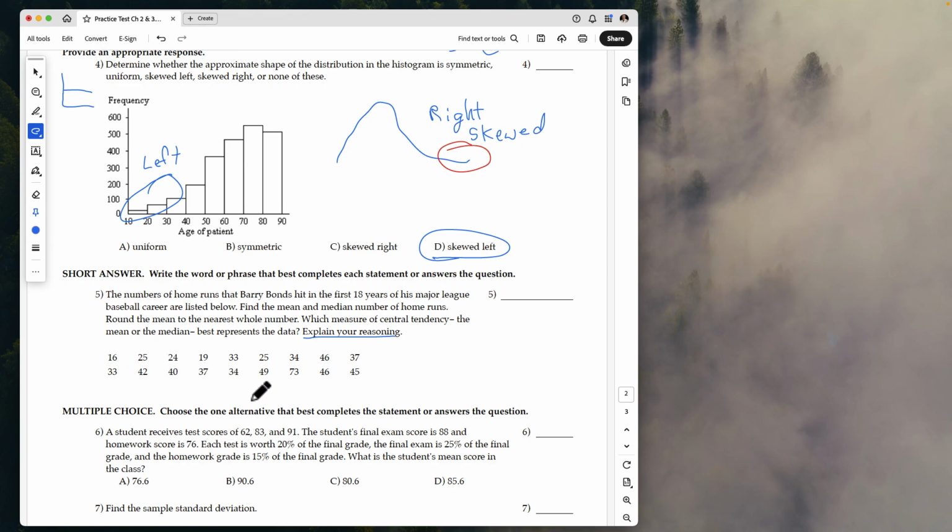Okay, so what we would do, we're going to need a calculator on this one. So let me go ahead and pull one up. I apologize for not having it up and ready at the start. Here it is.